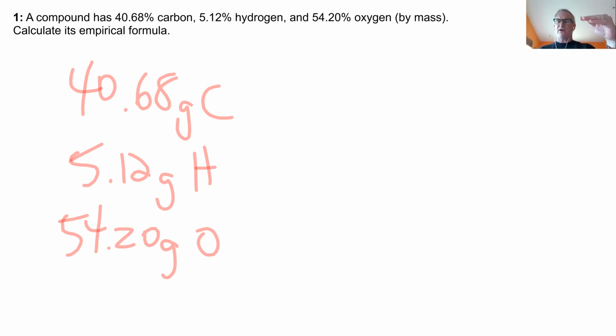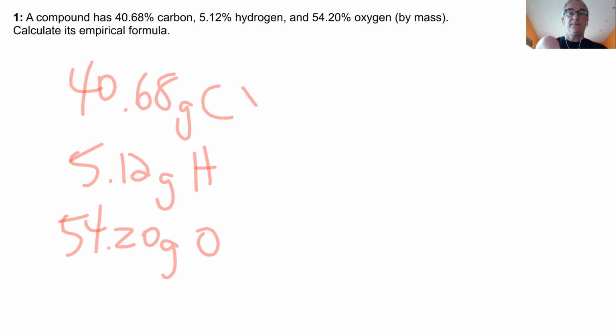So how are we going to convert grams to moles? How do we do that? Molar mass. Molar mass of carbon and hydrogen and oxygen, right, because we want to take these grams and convert them to moles.